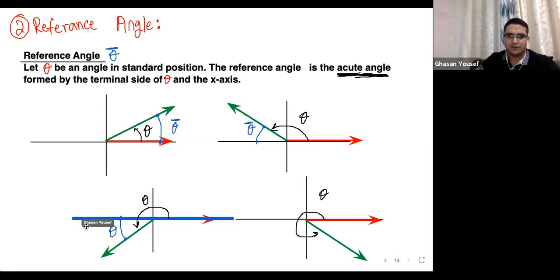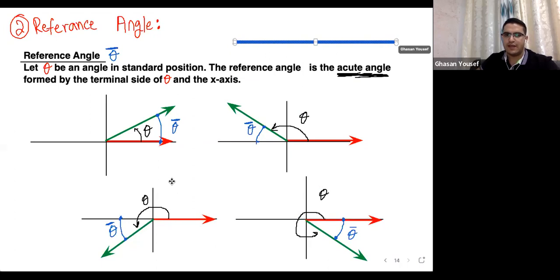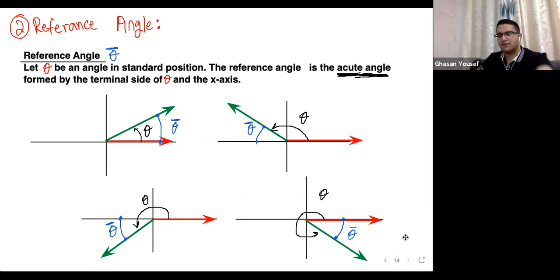For the last one, the acute angle between the x-axis and the terminal side is this one. So now, by 1, 2, 3, 4, I can find the reference angle.